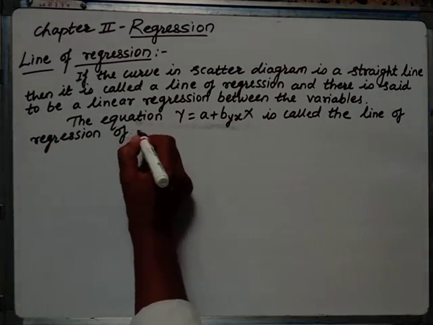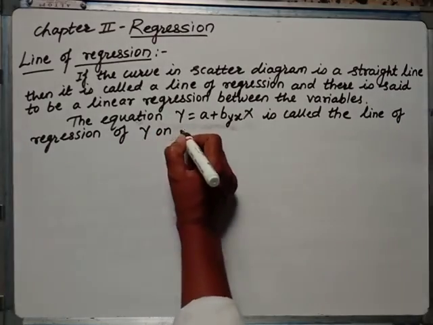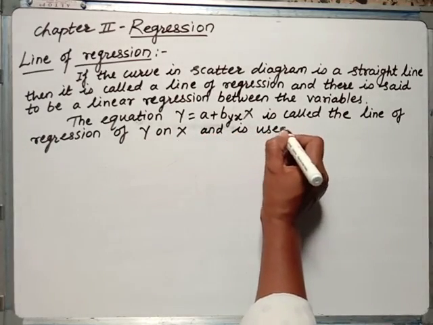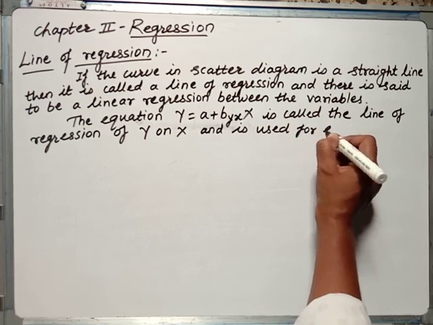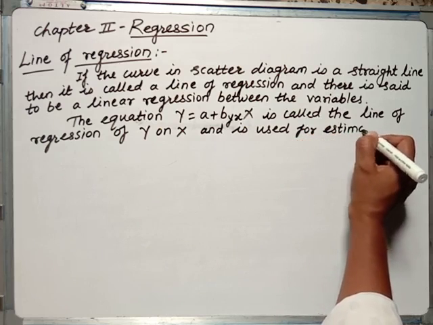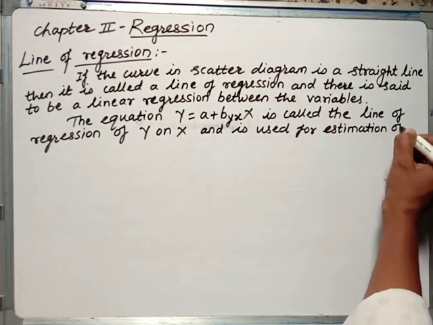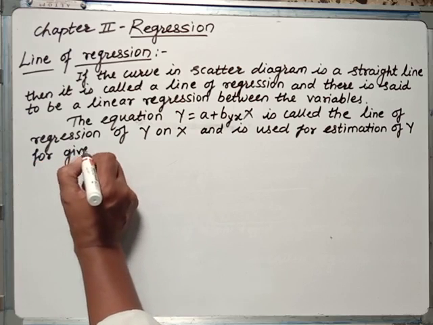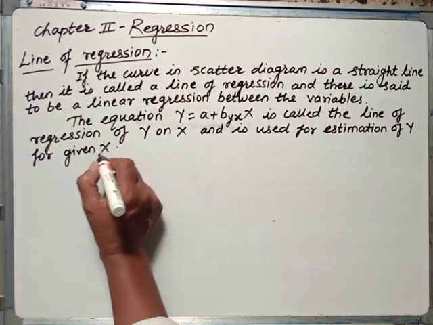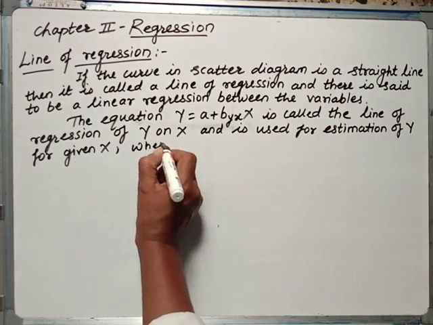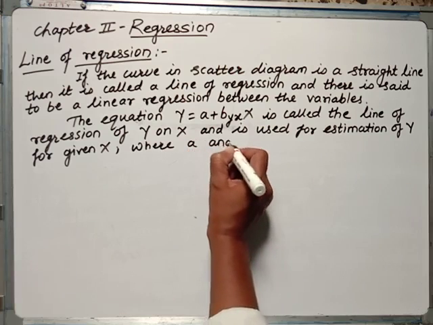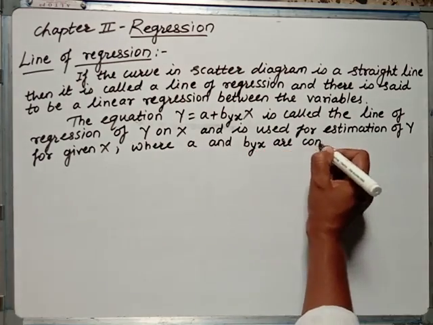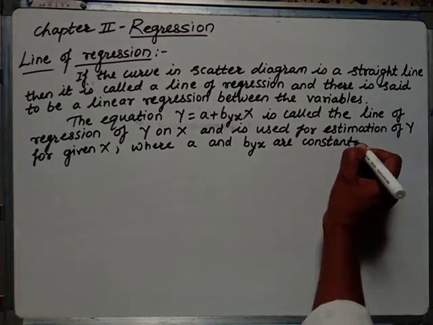of y on x and is used for estimation of y for given x, where a and byx are constants. These are what? Constants.